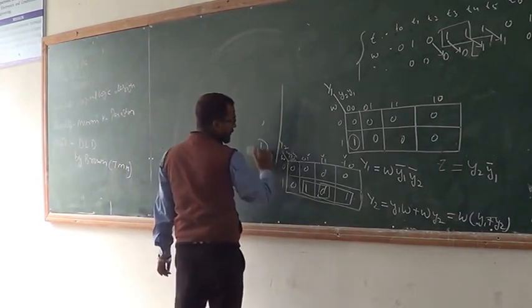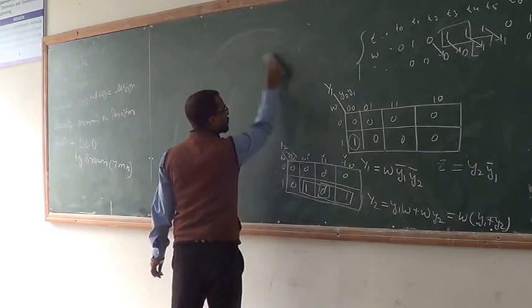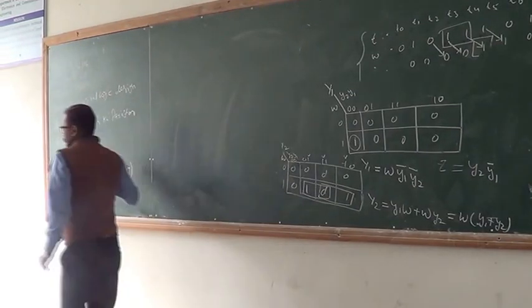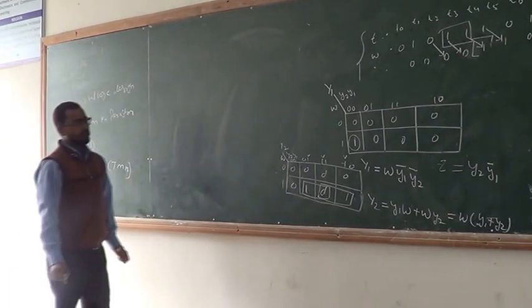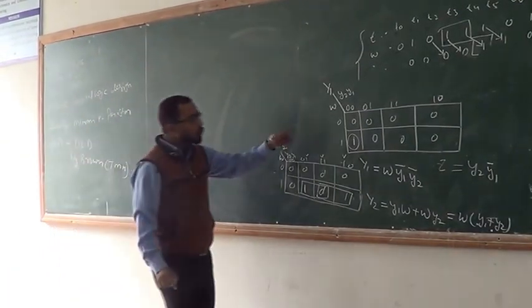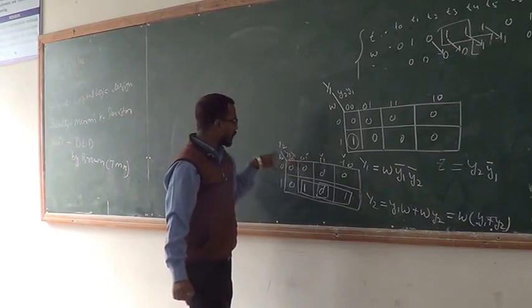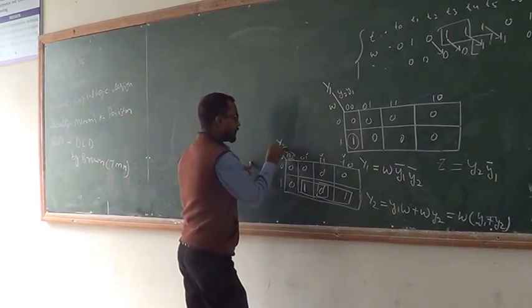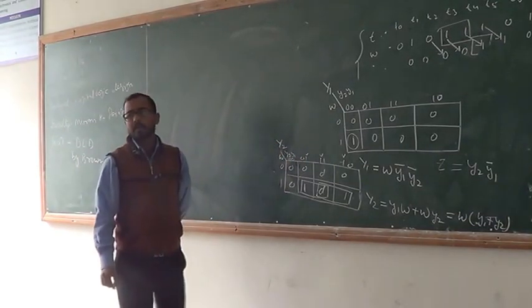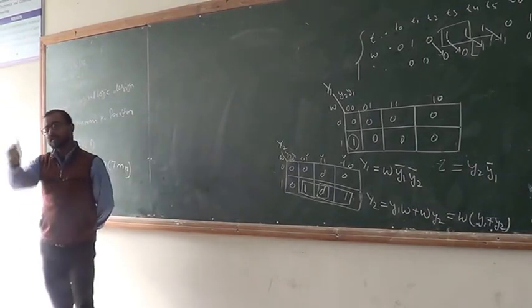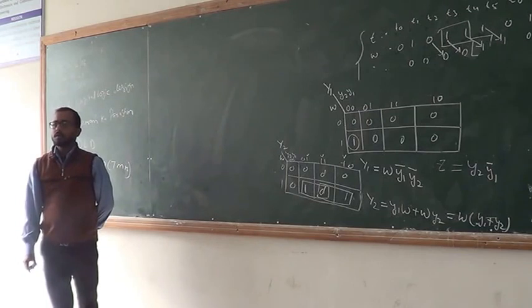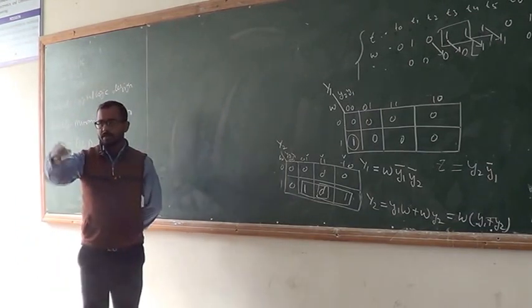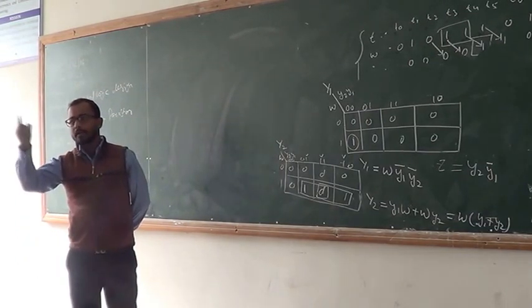Now we are going to design a circuit diagram. As we know, there are two next states, and the next state depends upon the present state as well as the input.